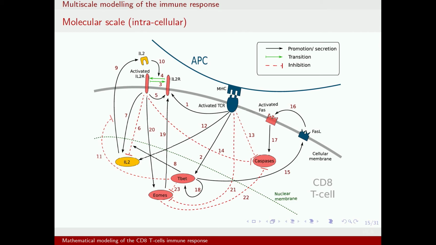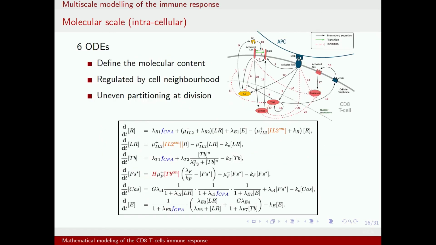I won't go into the detail because my talk is too short, but this network is translated into this system of 6 ODEs that models the concentration of 6 proteins in a CD8 T-cell. I just want to focus on the third equation, which actually is exactly the same as in the previous model, except for the first term here, lambda T1 FCPA.